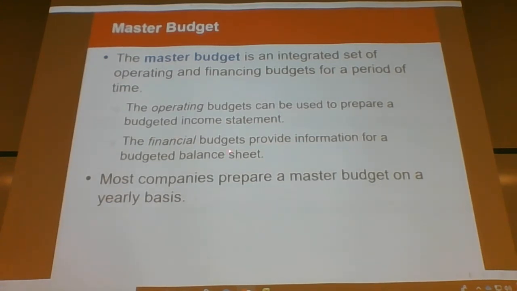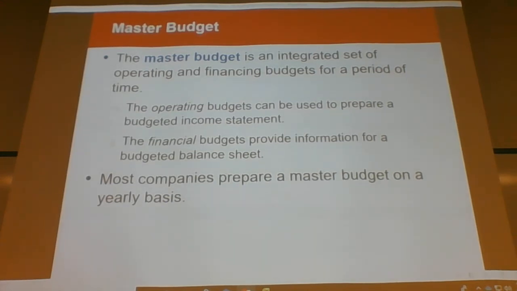If we think about a financial budget, it says this information is used to produce a budgeted balance sheet. Now, this is not the balance sheet, just as this is not the income statement, but financial budgets provide information to compile a budgeted balance sheet.